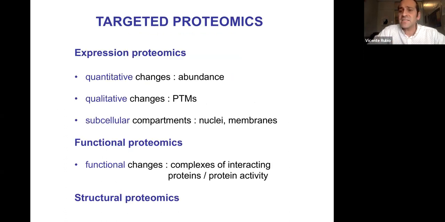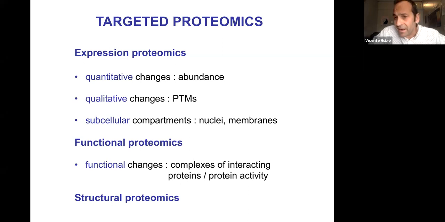As I said, there is a classification of different types of proteomics. Expression proteomics, where we study quantitative changes in the abundance of the whole proteome of an organism's tissue or cell type. Differential post-translational modifications can also be analyzed in a high throughput manner.